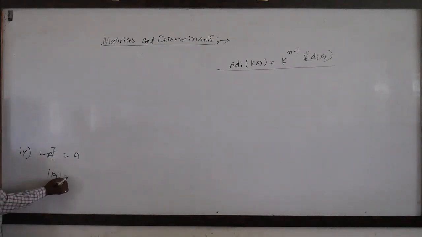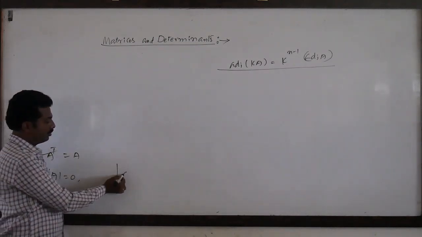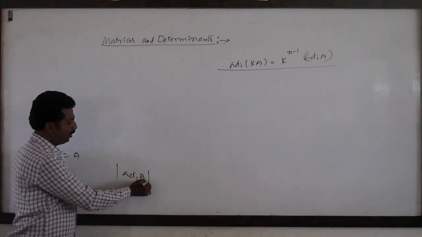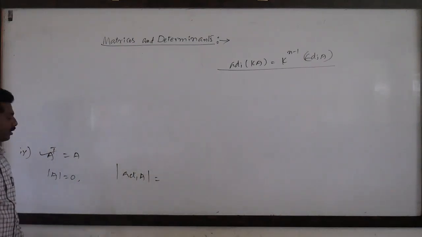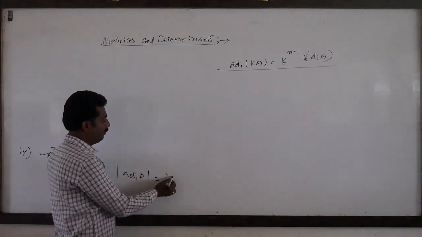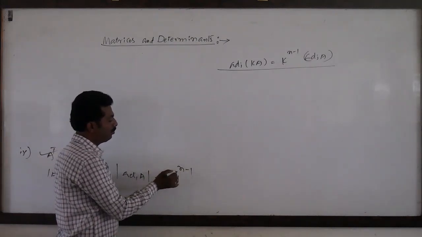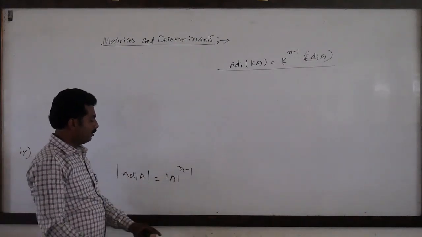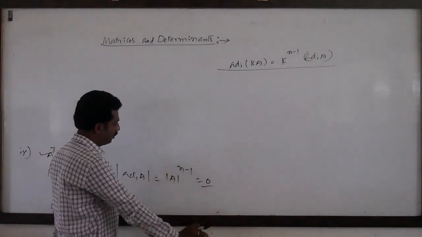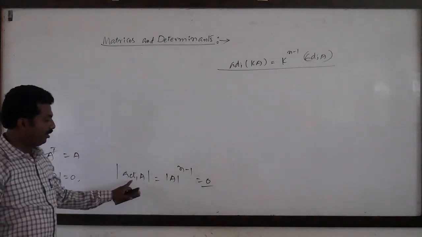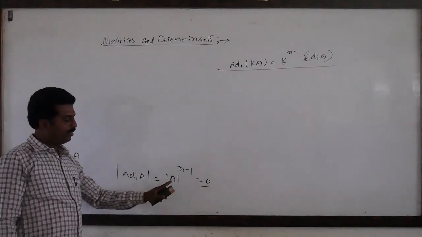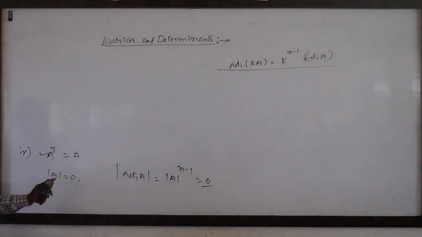A is singular means determinant of A equals 0. So determinant of adjoint of A we have to calculate. Determinant of adjoint of A is nothing but det A whole power n minus 1. So determinant of A is 0 means this is 0. So determinant of adjoint of A equals 0 means adjoint of A is a singular matrix.